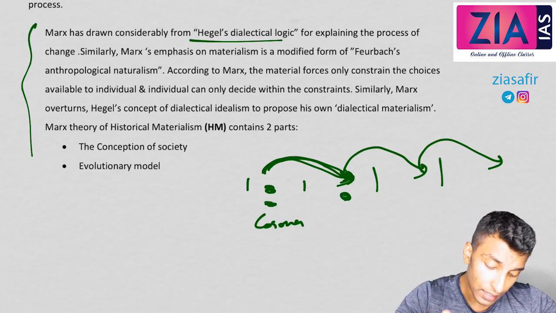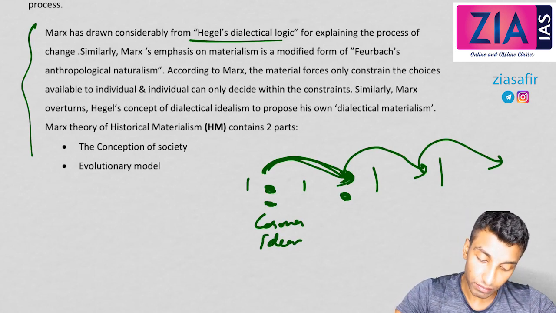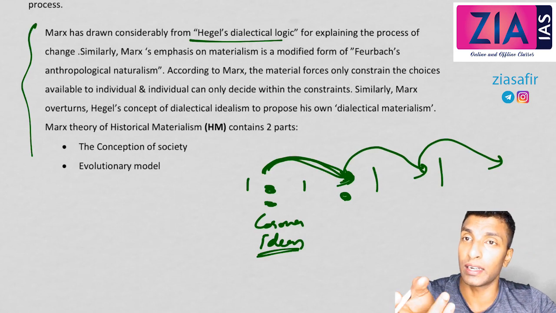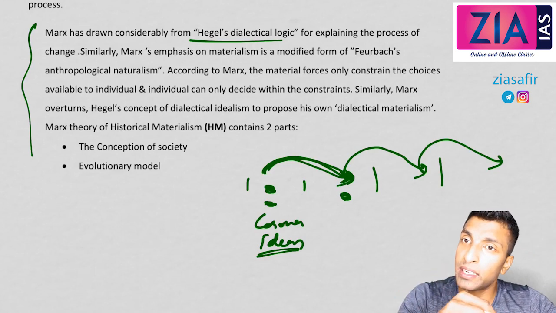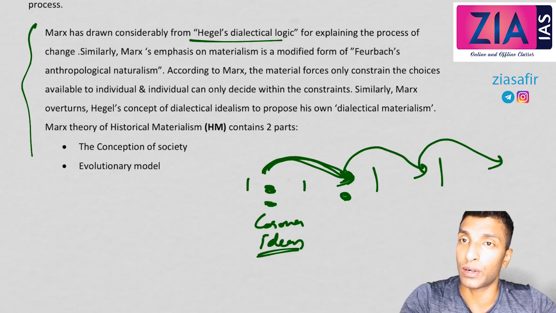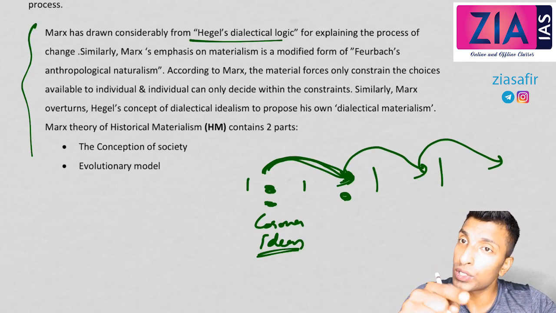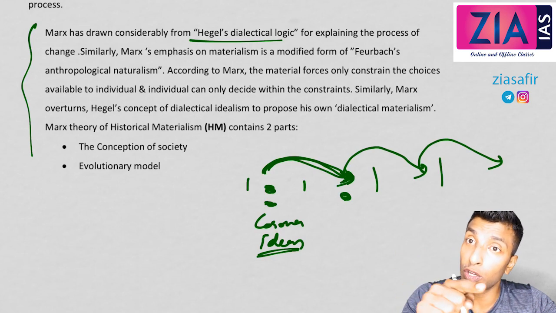What Marx says is, it is not the ideas. Rather, it is a change in material condition that will result in changes, because change in material condition is what creates ideas, according to Marx. If you remember, in the previous session we talked about economic infrastructure, and ideas fall where? In the superstructure. So who is shaping the superstructure? The economic infrastructure.